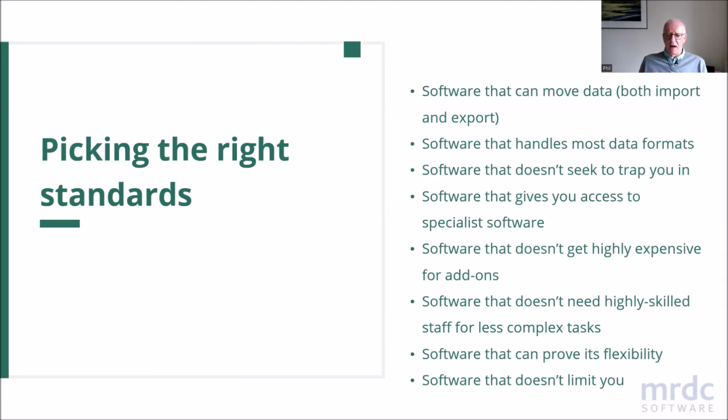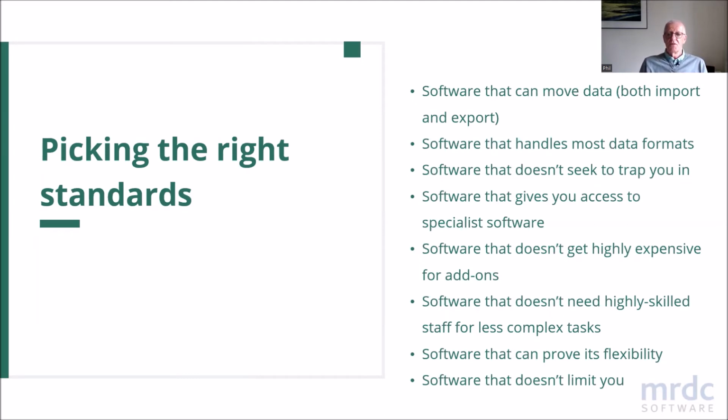And this is always a difficult one, and I've talked about this in my blog articles quite a lot: the difference between straightforward software to use that needs little training and software that needs highly skilled staff. Indeed, we sell products in both of those areas, and so understand the differences. You really want to minimize the amount of work that highly skilled staff are needing, so that less complex tasks can be handled by less trained, junior staff, who can help the more experienced staff, particularly at busy times.